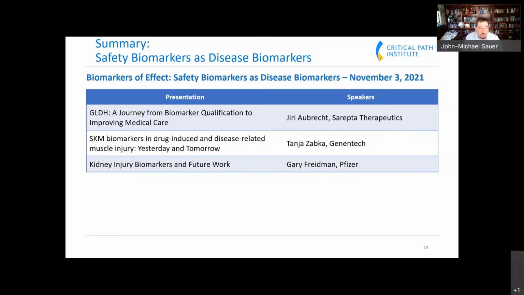Tanya will speak to the skeletal muscle biomarkers, and Gary Friedman will speak to our kidney injury biomarkers. These are all projects within the PSTC that are moving towards safety biomarker qualification. But, like good scientists, we're always thinking about what comes next.